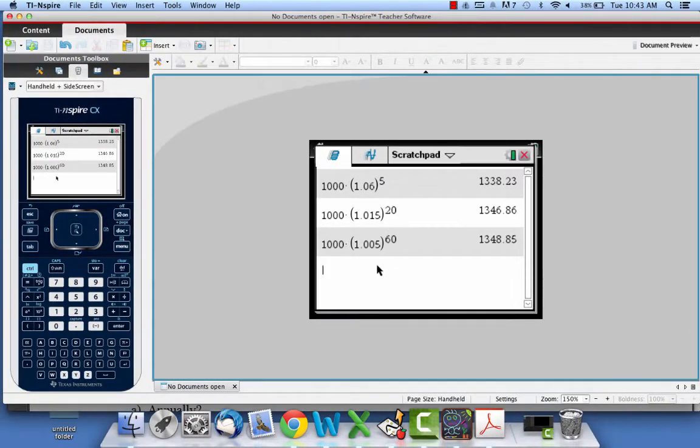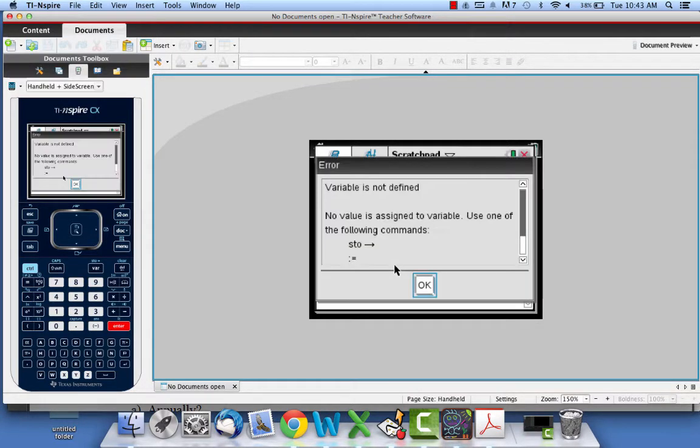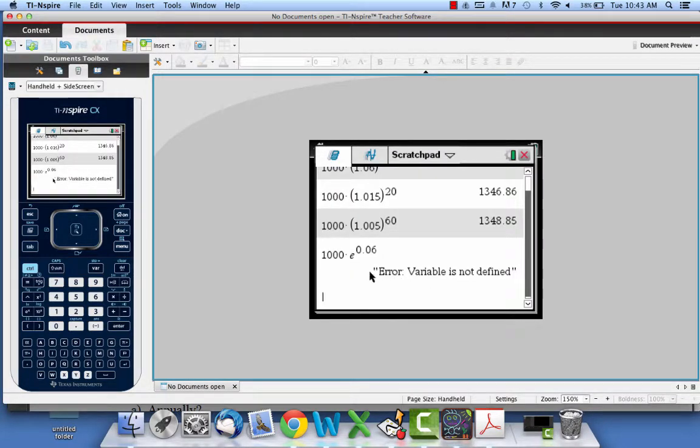So if we did this now, continuously, 1,000 times e to the 0.06. Oops. Oh, I guess I have to do it with the button over here.